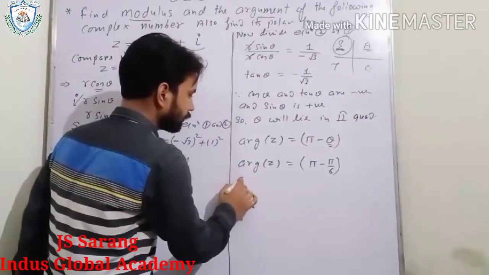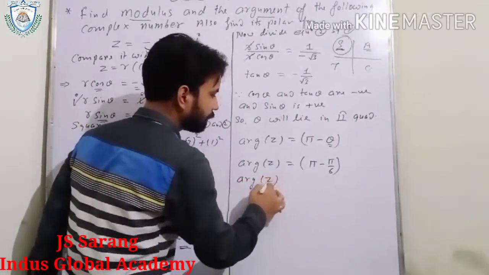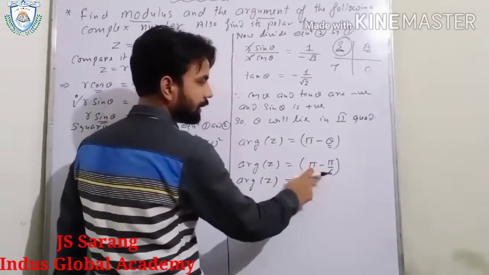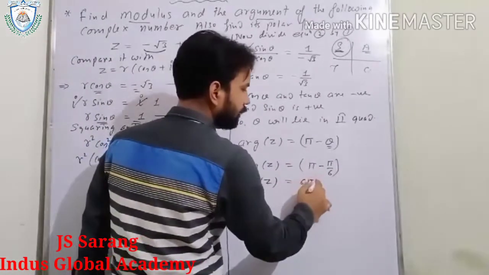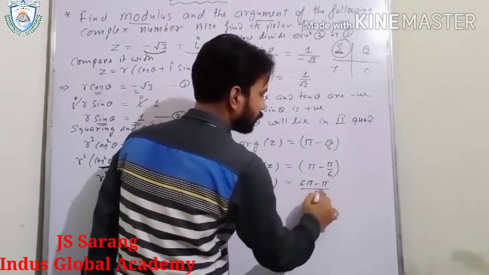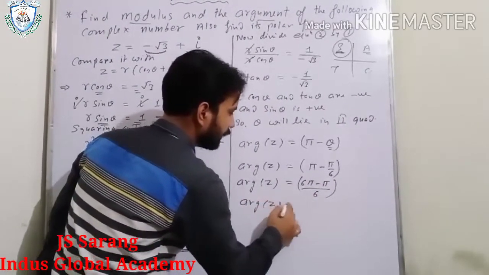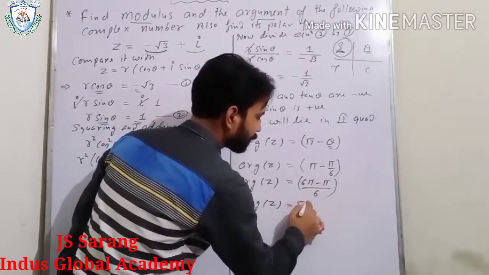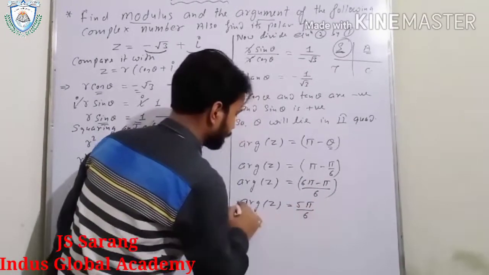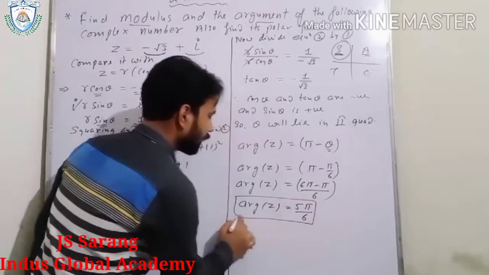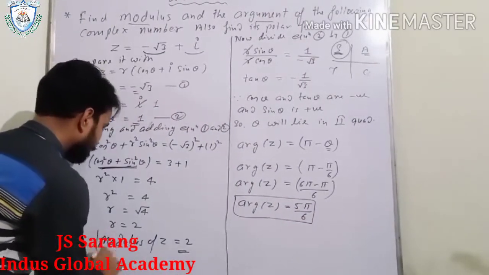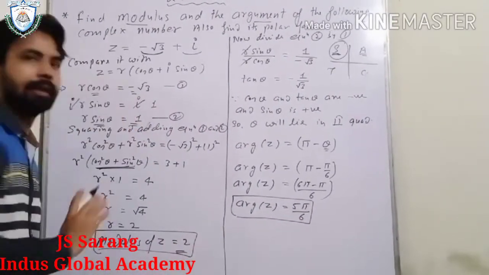Now argument of z equals, taking the LCM, 6 pi minus pi whole upon 6, which is 5 pi upon 6. So this is the argument of z and this is the modulus of z.